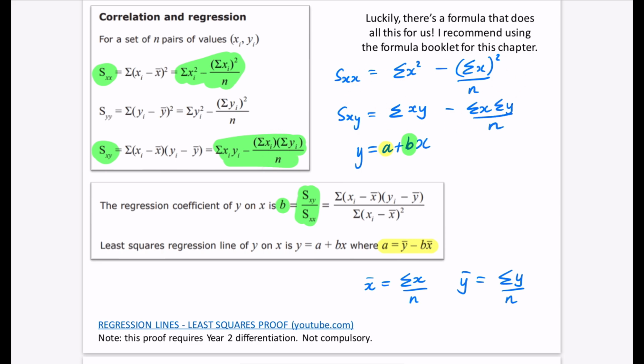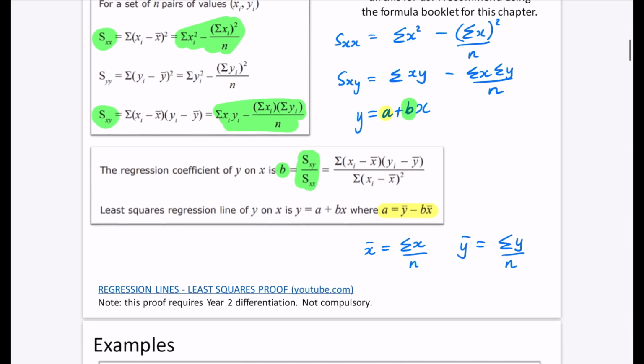So you'll probably see me using them in this kind of form that we've got here. Notice when we have the sum of x squared and the sum of x all squared, these are slightly different. This is where you take the x values, you square them all, and then you add them together. This one is where you take the x values and you add them all together, and then you square the result of them all being added together. So it's a slightly different kind of process that we have there.